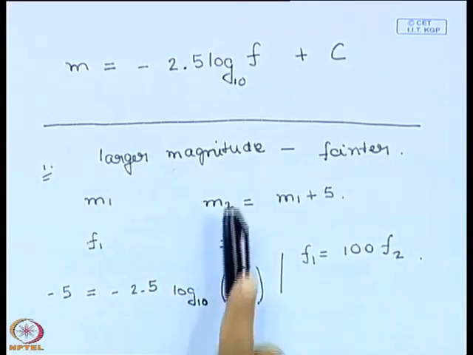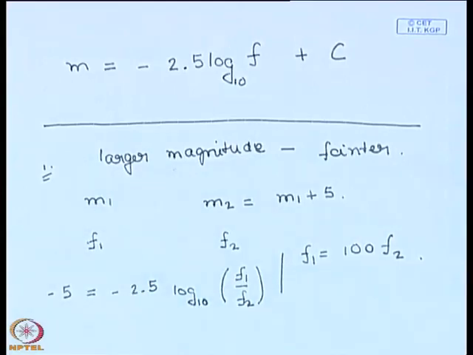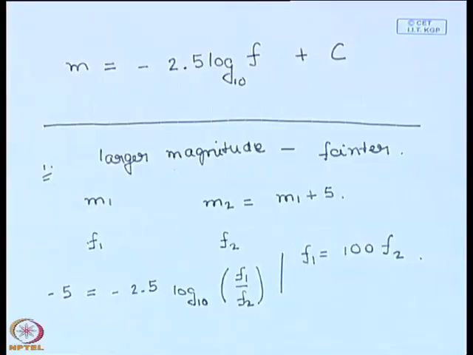To the eye it would appear 5 magnitudes lower in the brightness scale. Okay. So, this gives you an idea of the magnitude scale. Magnitude difference 5 indicates the flux has gone down by a factor of 100.